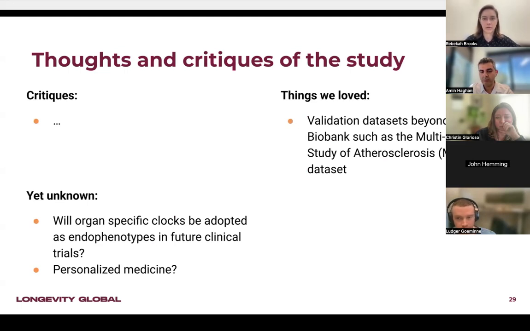I would love to hear thoughts on how this paper might be impactful for the future and how we can think about organ-specific clocks for actual patients.